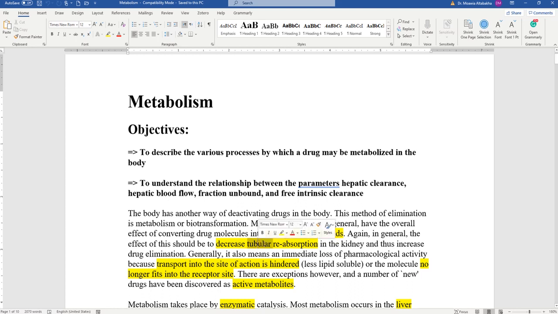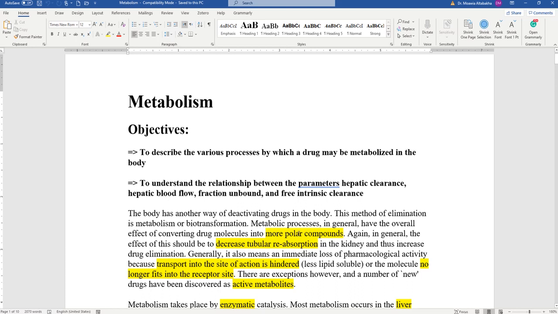Reabsorption happens in the tubules. For reabsorption to happen, it's very important that the drug is lipid soluble, not polar or hydrophilic. So what will happen to the metabolites? Once it gets out, it will have difficulty getting back. There will be no reabsorption, so it will not get back to the systemic circulation because it becomes polar.